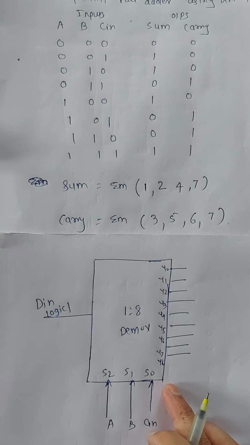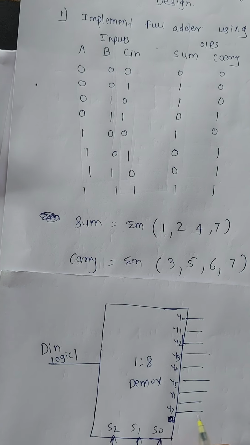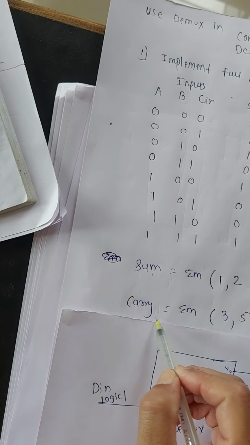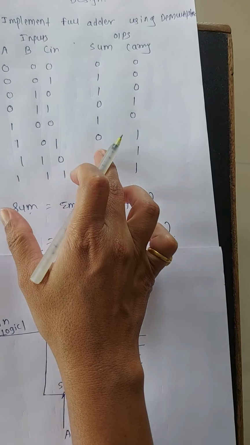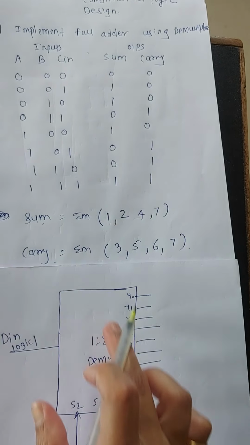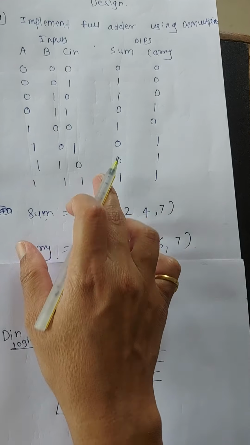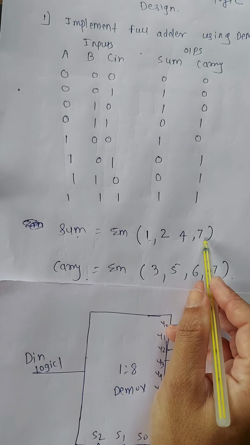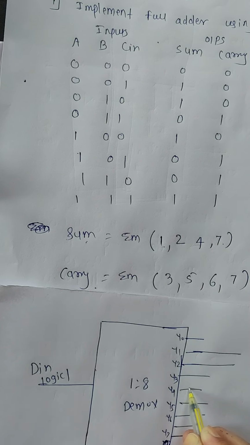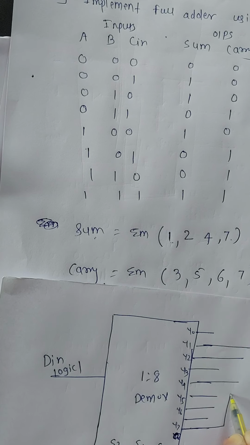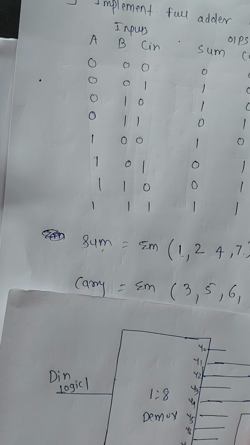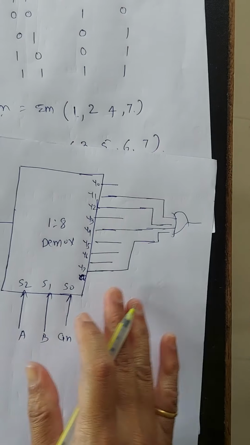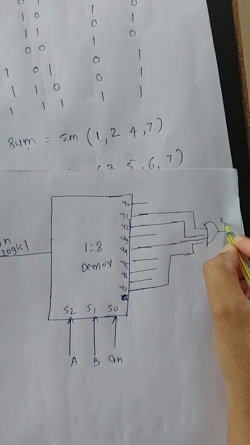From these outputs we connect the sum and carry equations, and that is how we implement the full adder using a demultiplexer. The sum is 1 for 1, 2, 4 and 7, so the lines 1, 2, 4 and 7 are ORed together, and this is the sum.